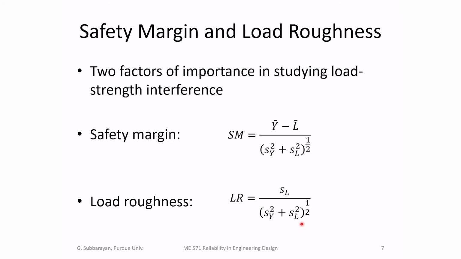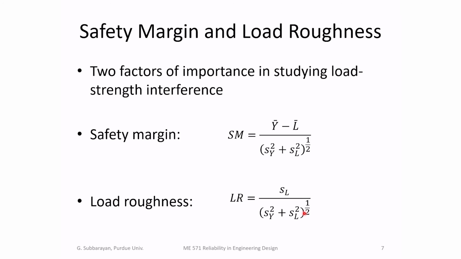The second parameter that we will use for probabilistic design is the load roughness. Load roughness is defined as the standard deviation of load divided by the standard deviation of y minus L. Remember, if y and L are independent, the variance of y minus L is the variance of y plus the variance of L. So raised to the power 1/2, this gives you the standard deviation corresponding to the difference between y and L. We'll do this more formally in module 5.2.